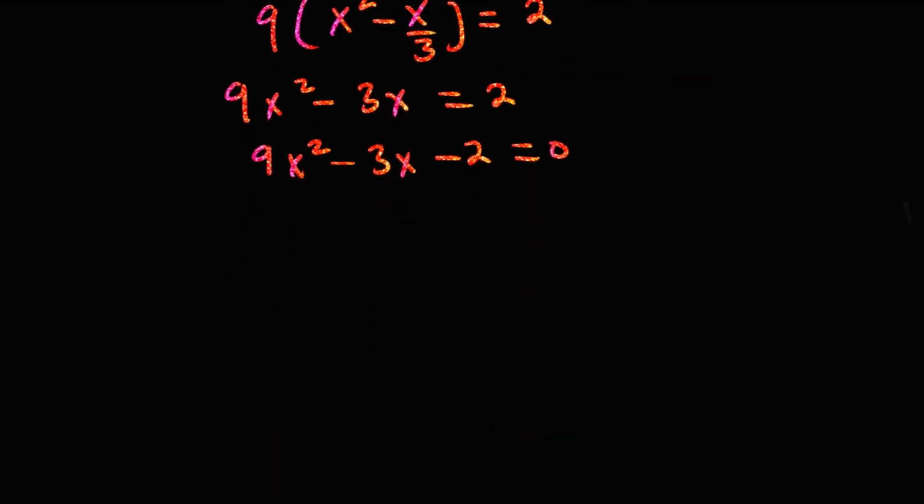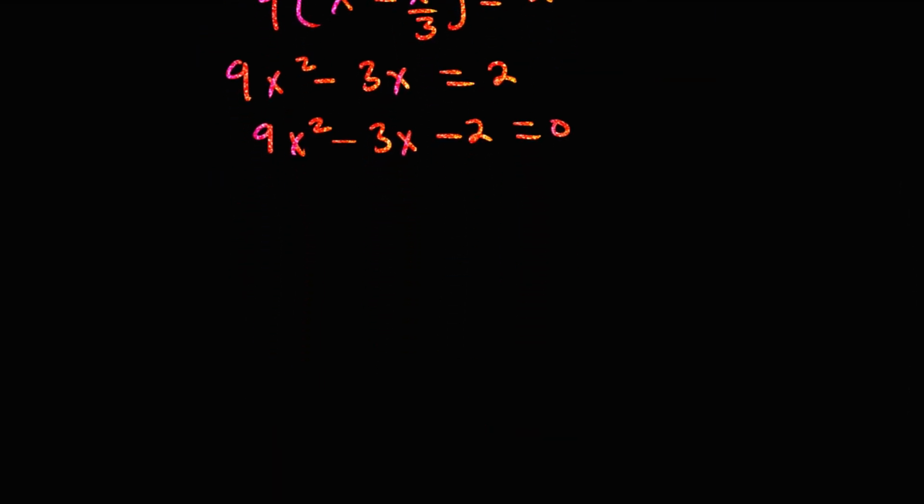Now this is a quadratic equation which we can solve using the factorization method. When we're using factorization, we look for two numbers whose sum is the same as b, and in this case b is -3, and whose product is the same as 9 times -2, that is -18.